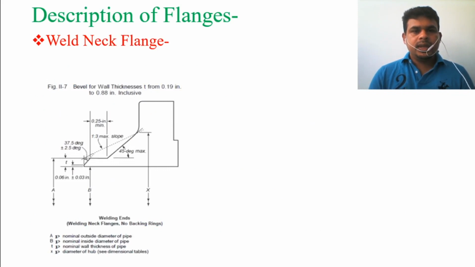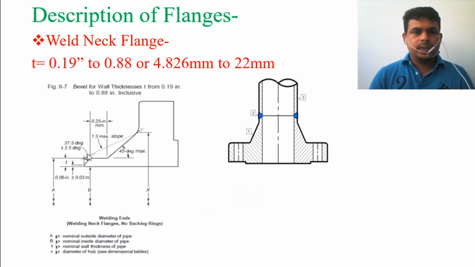Then look at the thickness T, the bevel angle and thickness. If T, the flange thickness, is 0.19 inches to 0.88 inches inclusive, that means 4.8 mm to 22 mm, then you need to refer to this chart from ASME B16.5.